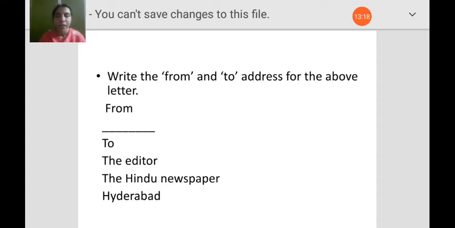Some people write the date at the top: first the date, then from, and then to. But in some letters you find the date between from and to. After writing the from address, there will be a date, then the to address will appear. So this is how the place of the date varies. Both of them are correct.